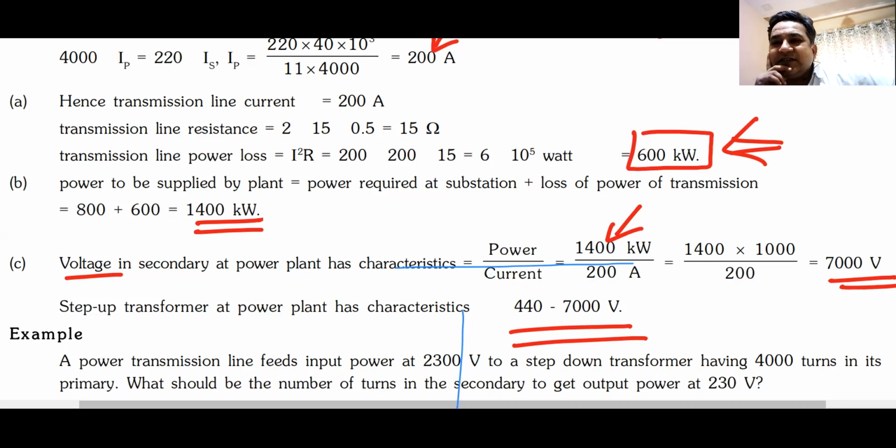This is how calculations are done. Do we understand this? Yes, sir. So please remember this question. Such questions can come. You will have no idea about what is going to come. So you just go through this.